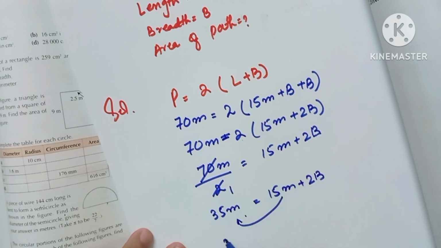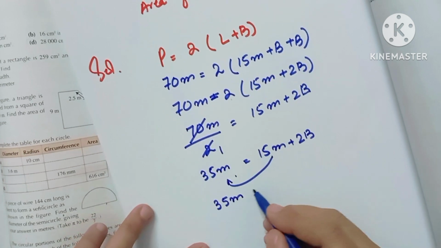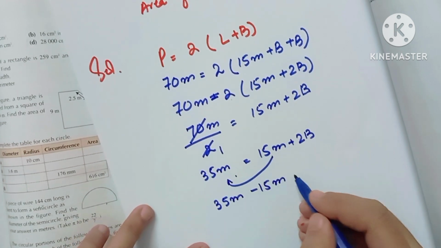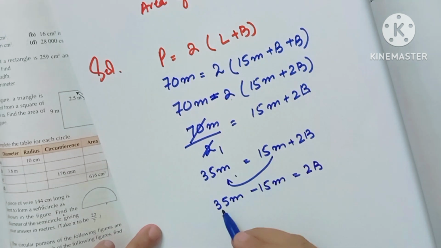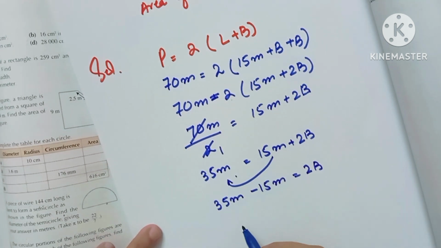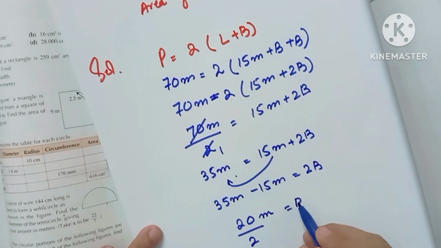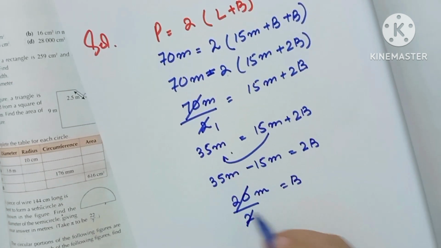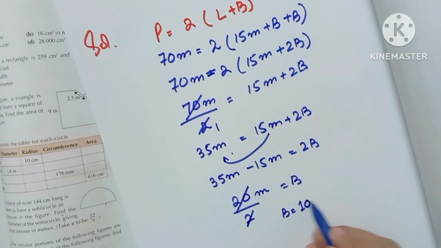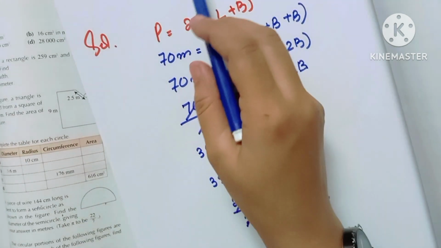This number should be shifted here: 35 meter minus 15 meter equals 2B. 35 minus 15 will be 20 meter, and this 2 will be divided here. So B is equal to 10 meter. So B is 10 meter.